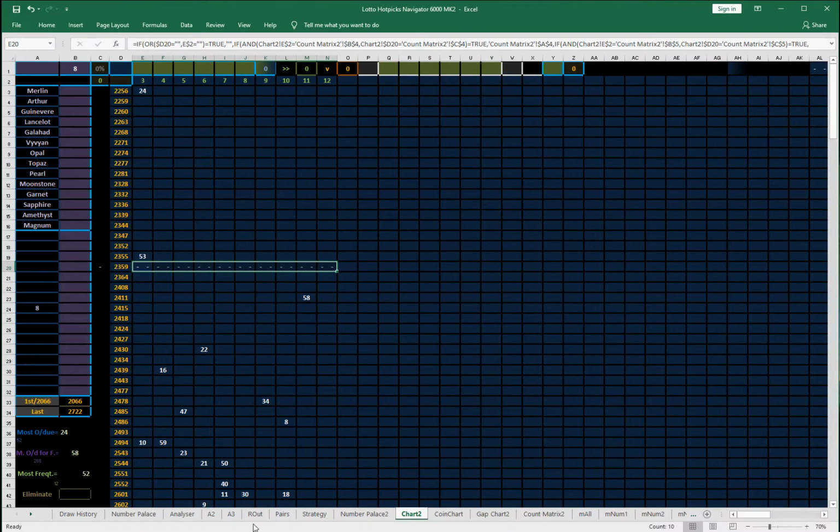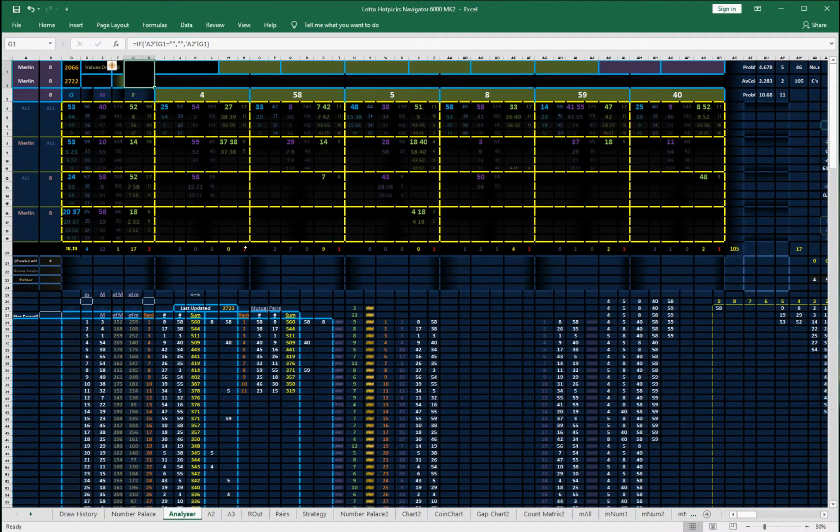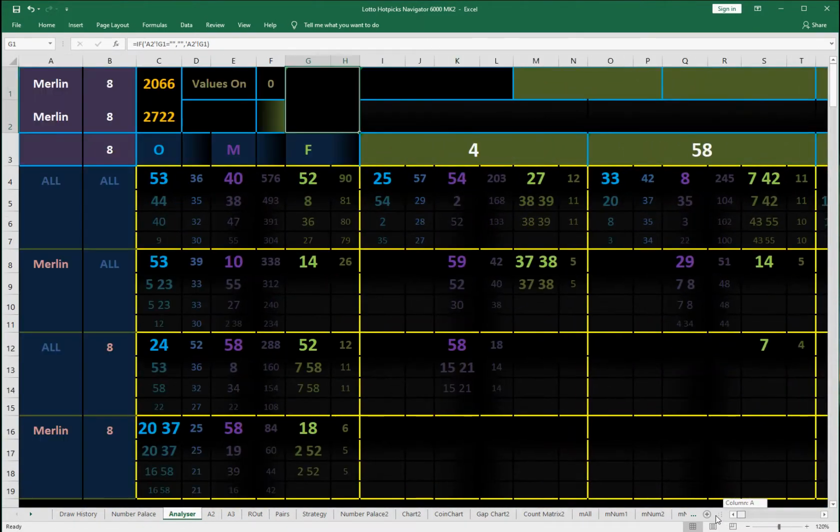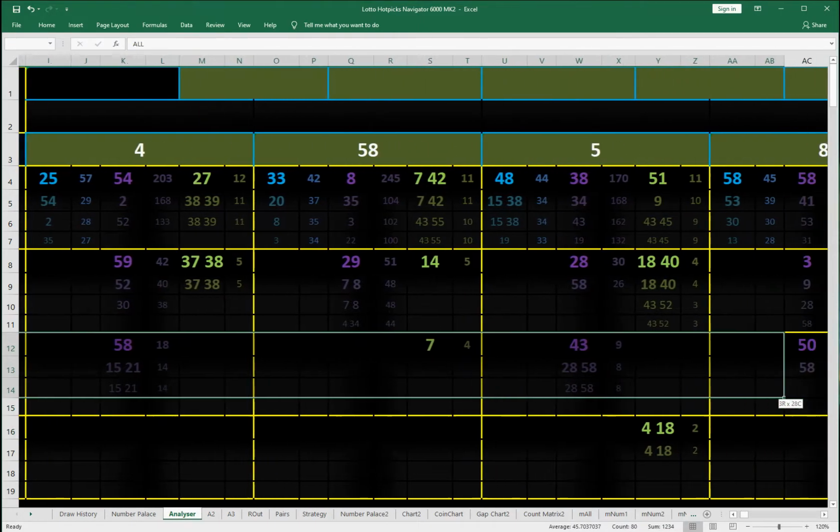But anyway, back to the analyzer. So let's just zoom in on this. Now, at the moment we're looking at the chart for set of balls 8. So that's this row. So everything on this row is about set of balls 8.